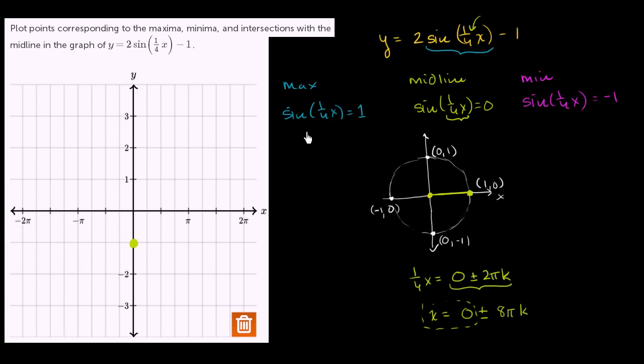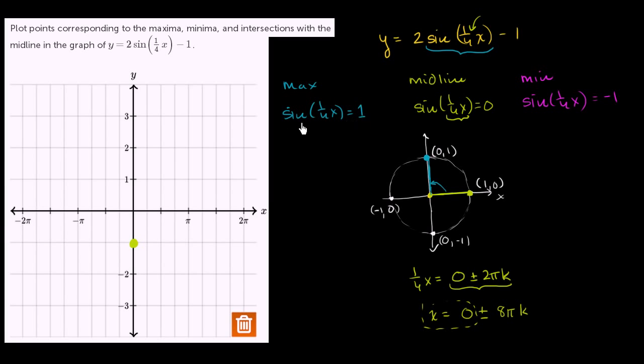Now let's think about a maximum value. So if we increase our angle right over here all the way to pi over 2 radians, we get to this point right over here. Sine hits its maximum value whenever we're taking the sine of pi over 2 plus or minus any integer multiple of 2 pi.